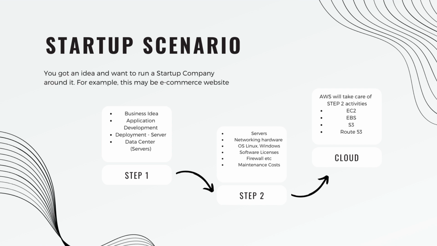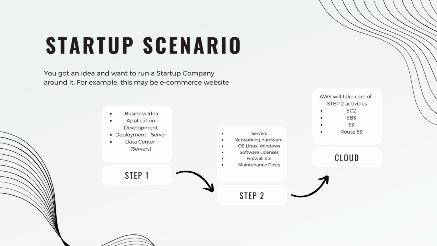Here AWS comes into the picture. As a startup company, you don't have many resources to complete these tasks. So, what AWS provides us is its own data center. It maintains a lot of hardware and other services.